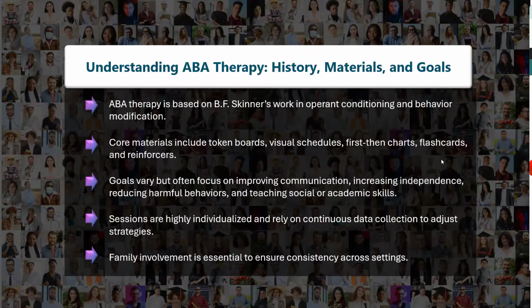Now, continuing with ABA therapy history, materials, and goals, let us quickly go over some ABA materials that you should be aware of. As I said earlier, ABA therapy is hands-on and highly structured, which means therapists rely on a variety of materials to carry out effective sessions.